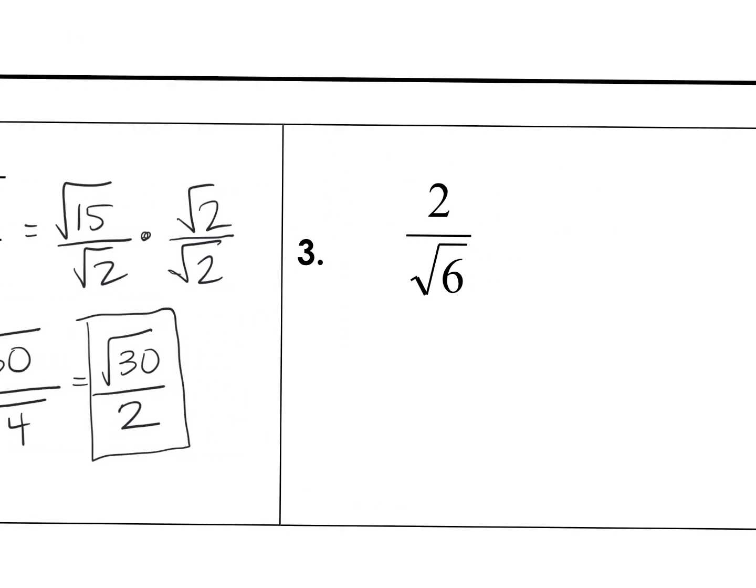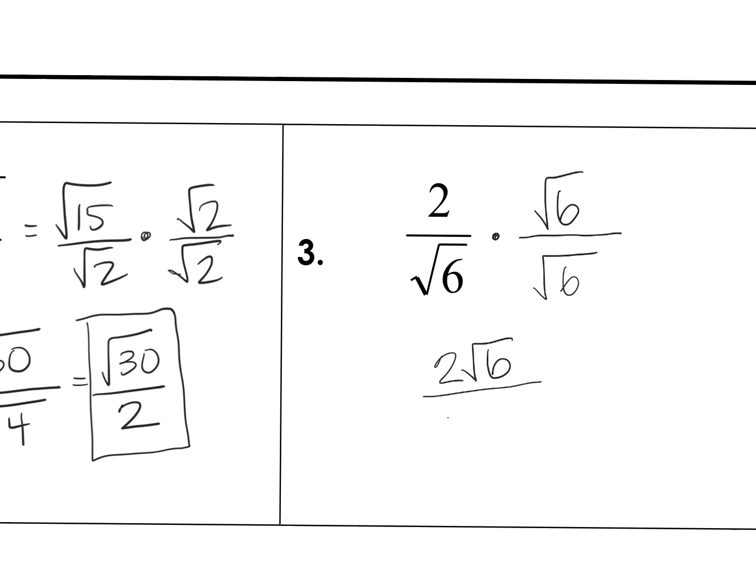Okay, last problem. We want to rationalize the denominator, so we're going to multiply by the square root of 6 over the square root of 6, multiply across the top. I cannot combine these. These are two different kinds of numbers, and so I have to just put them next to each other and say 2 root 6.